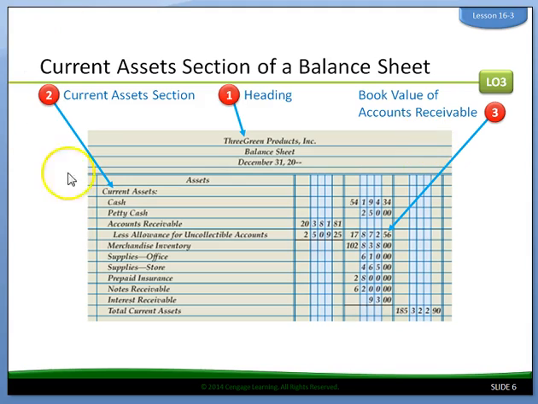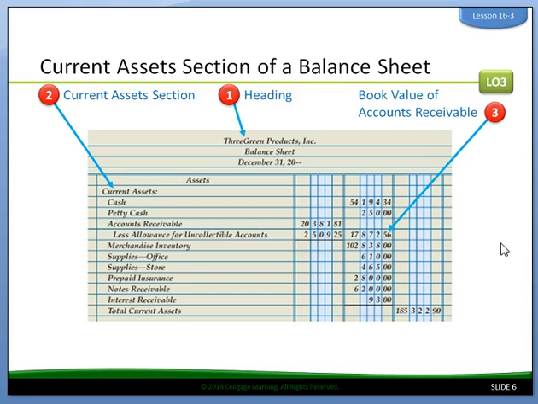So first we'll write down accounts receivable, and then write the total amount of accounts receivable right there. And then less allowance for uncollected accounts, indented a little bit. So we have accounts receivable, less allowance, subtract those, and write it right there.